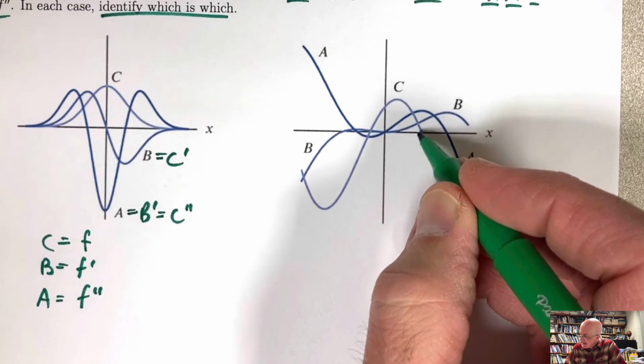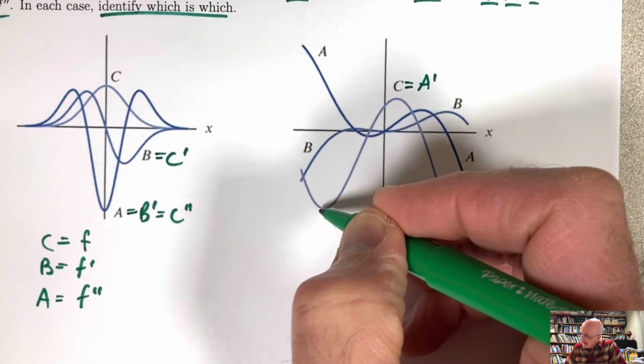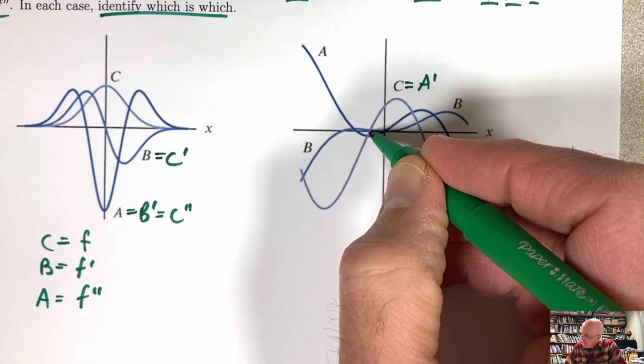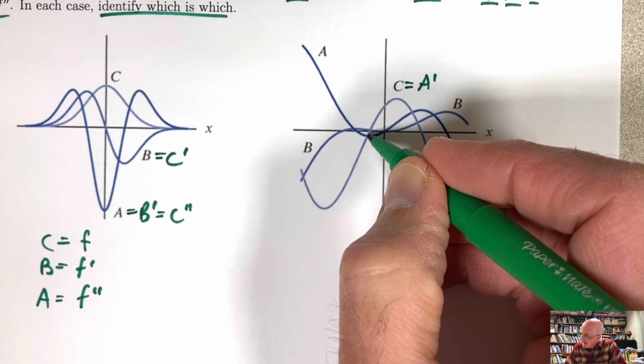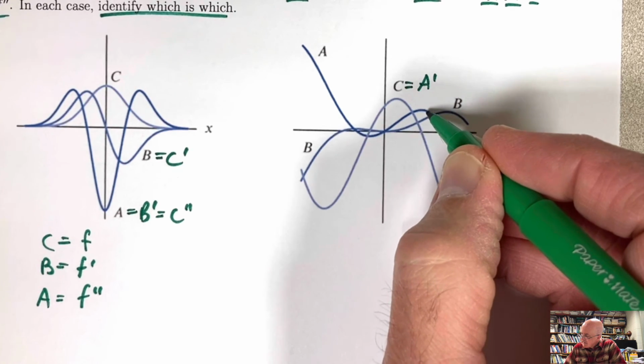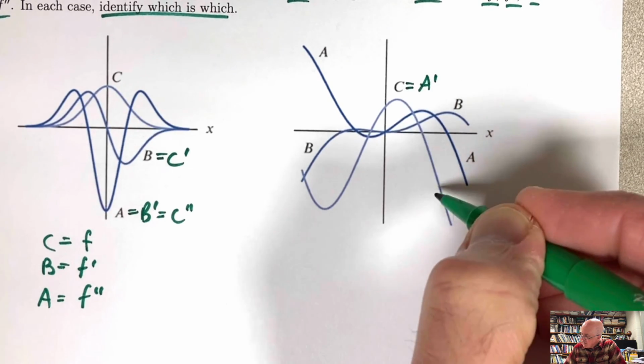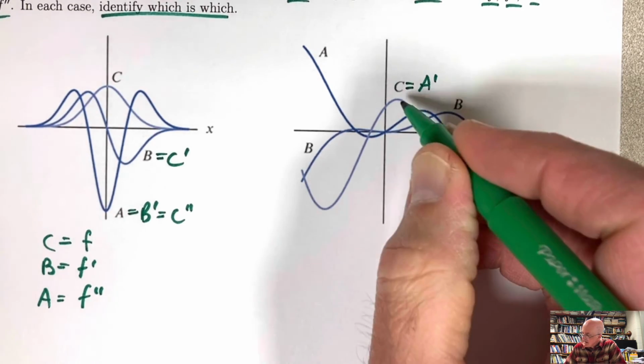It looks like, yes, looks like C is A prime. The graph of C is negative here, then 0 right when A has 0 slope, then positive when A has positive slope, then 0 again right there where A has 0 slope, then negative in value where A has negative slope. C is A prime.